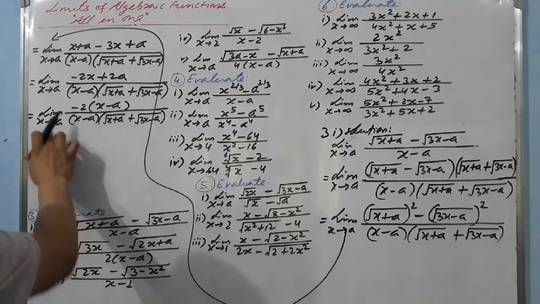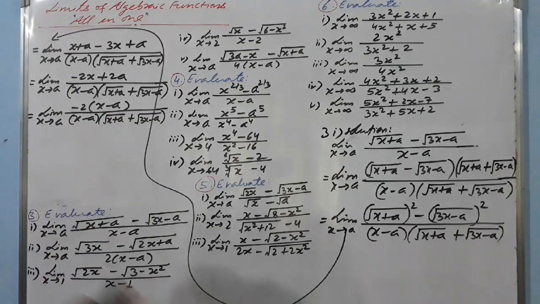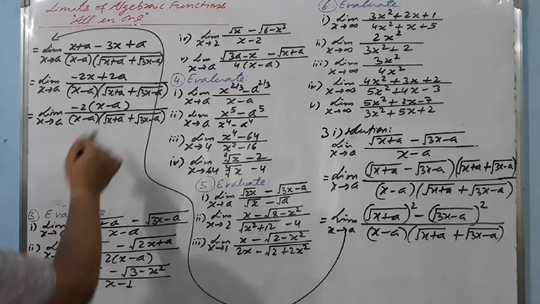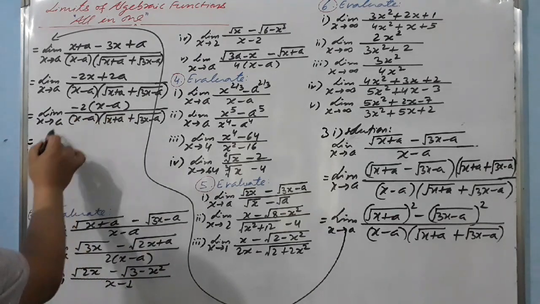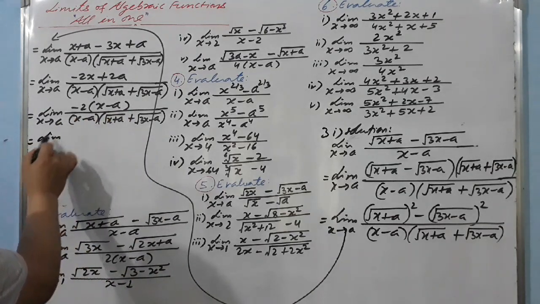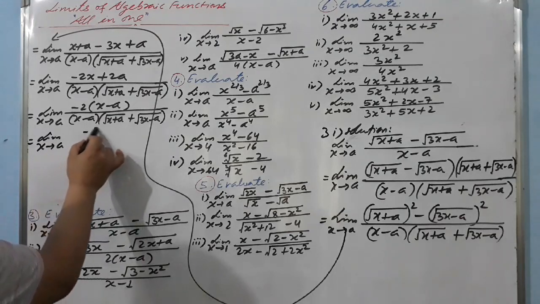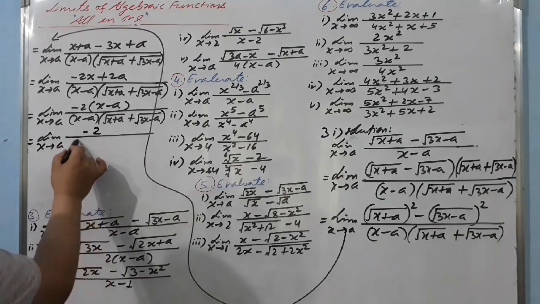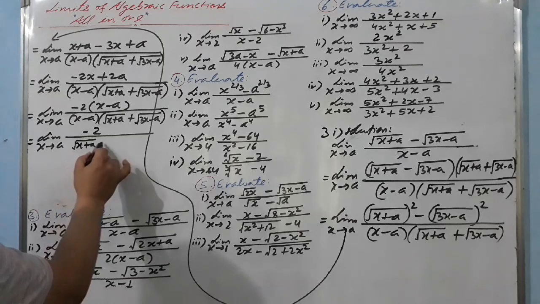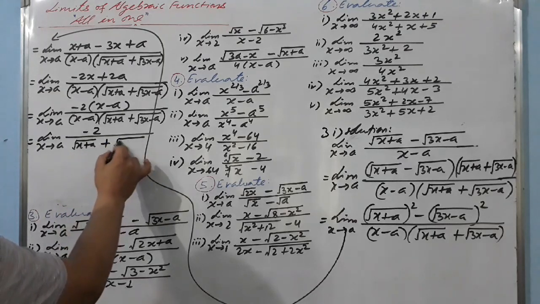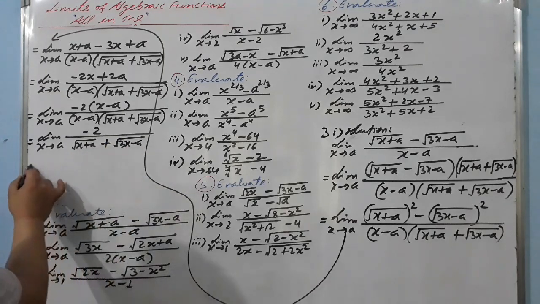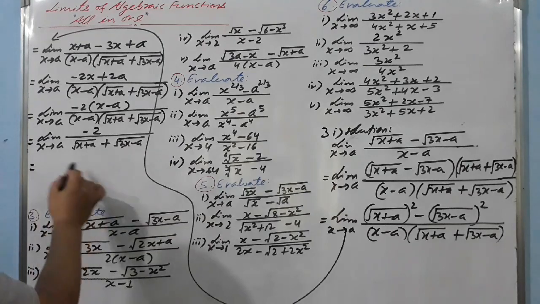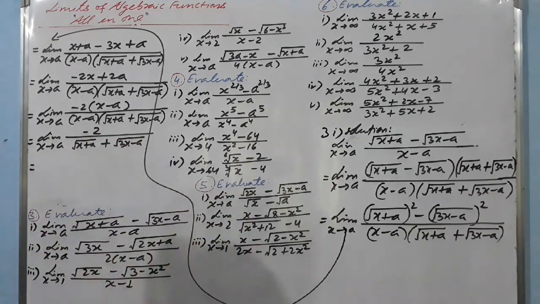Now, as you know, x tends to a, not x minus a equal to 0, so that's why we can cancel it. Here the limit as x tends to a of minus 2 over root x plus a plus root 3x minus a. Now this is not an indeterminate form.